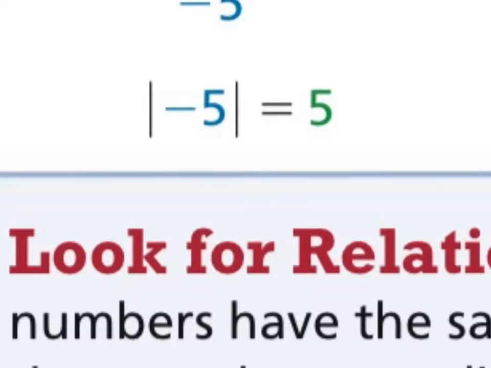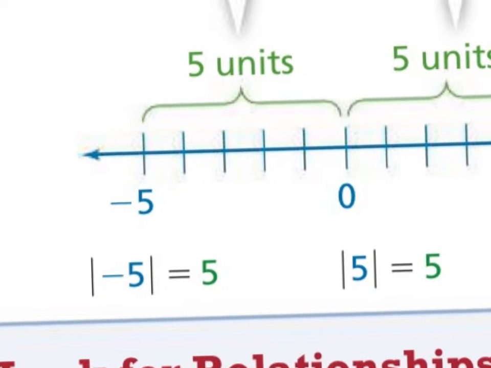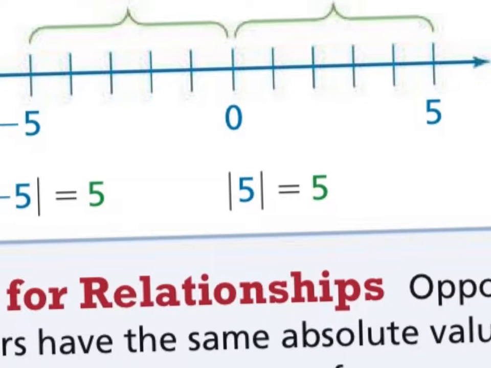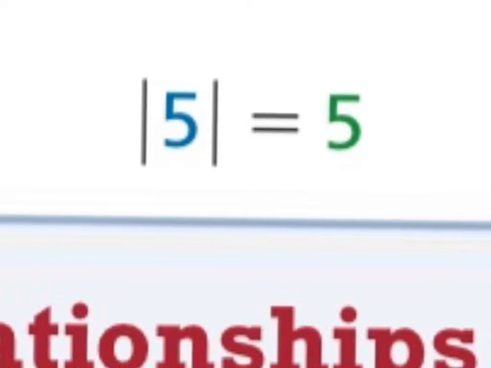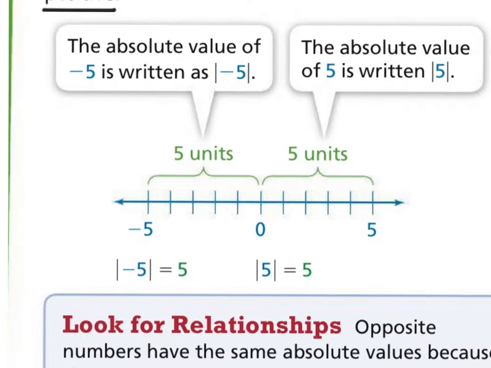We just have to memorize what it means, otherwise it's not that difficult. So absolute value of -5 is 5. In other words, -5 is 5 units away from 0. Make sense? If we look at the other example they give, absolute value of 5, how far is 5 away from 0? Also 5. They're opposites, right? So they're always going to be the same distance from 0 as each other.